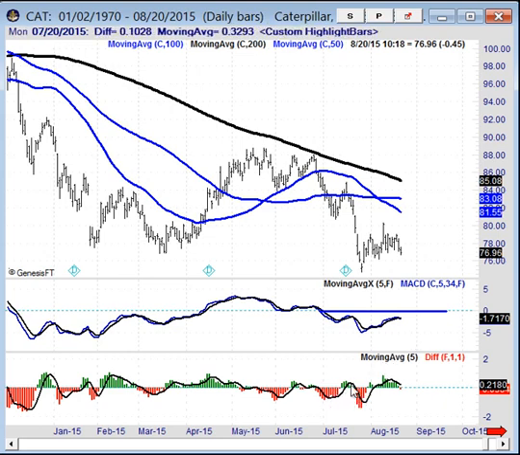When we have violations of the 0 line by the MACD histogram, what that does is it identifies this advance here as a counter-trend move within a larger downtrending market. We also have the same occurrence again recently. This is nothing more than a counter-trend move within a larger downtrending market.